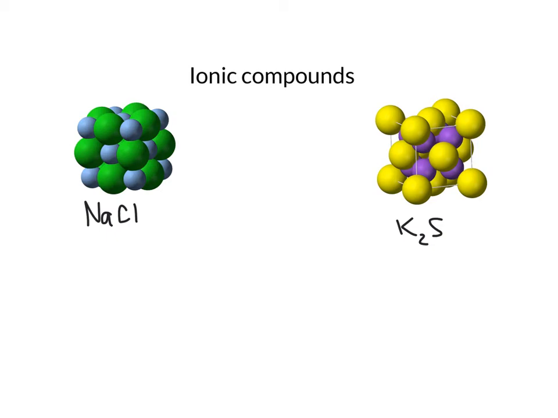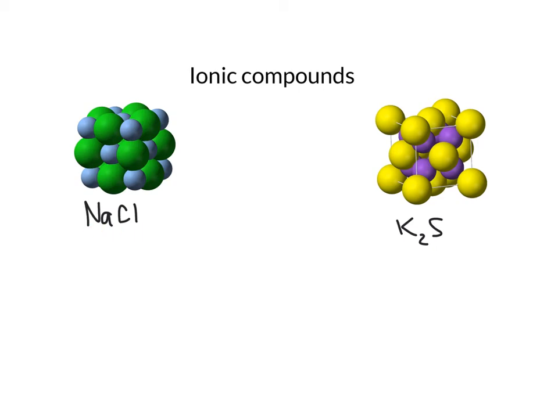So when I'm calculating the molar mass of an ionic compound, I use these lowest whole number ratios to calculate the formula mass, or the mass of 1 formula unit. A formula unit consists of the number of cations and the number of anions as shown in the symbol for that compound.